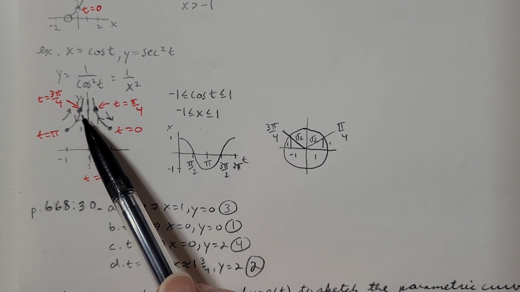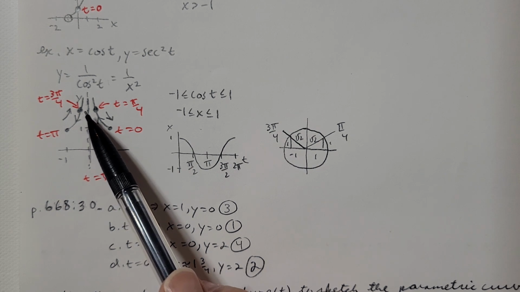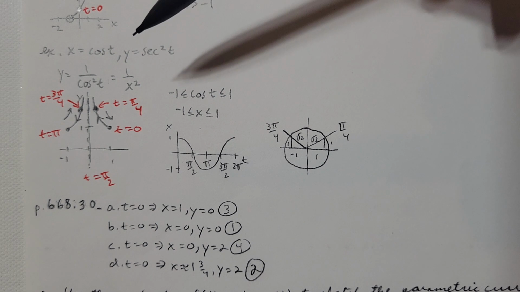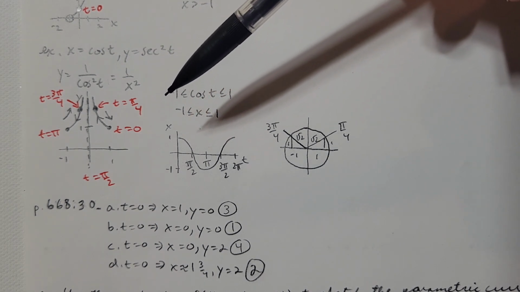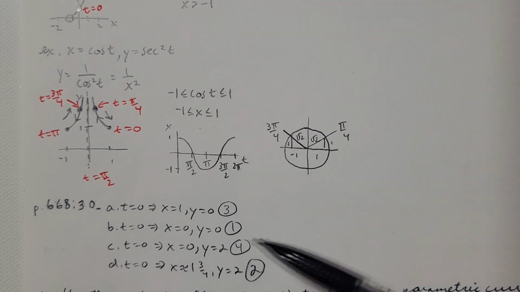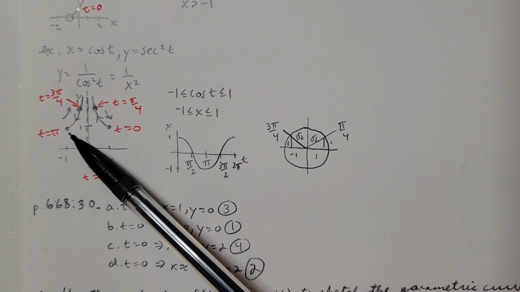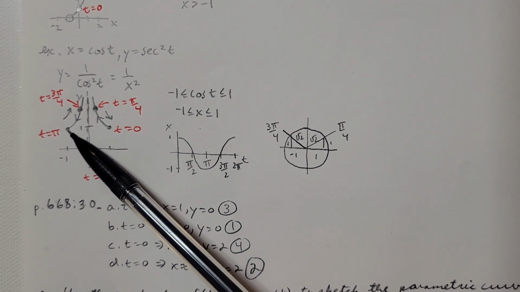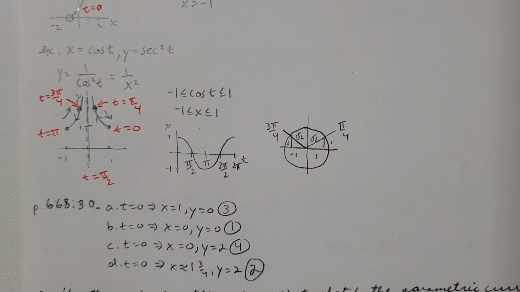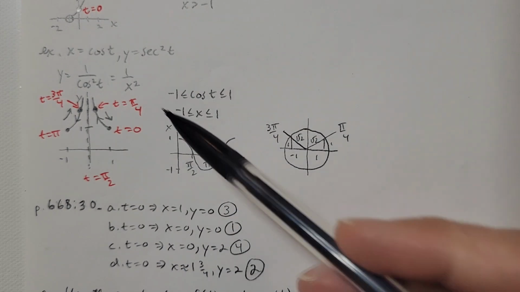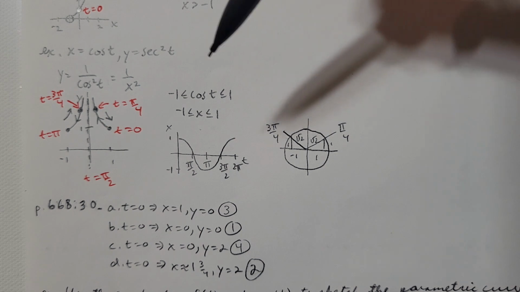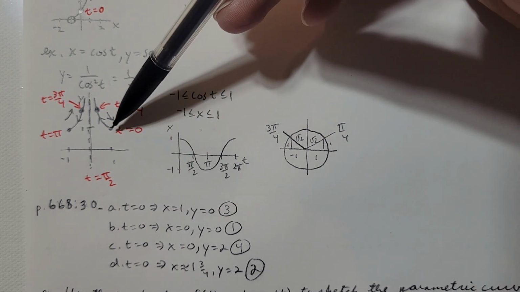And then if I let t be pi, well, cosine pi is -1. 1 divided by -1 squared is 1. So I'd be at the point -1, 1. And because I can let t be anything here, I don't have any conditions on t. What's going to happen is you're going to start at this point 1, 1.